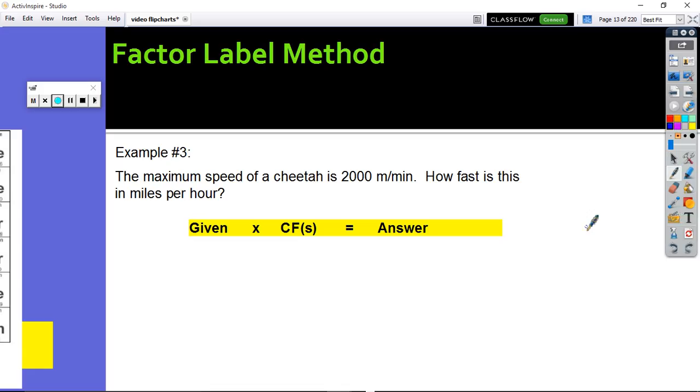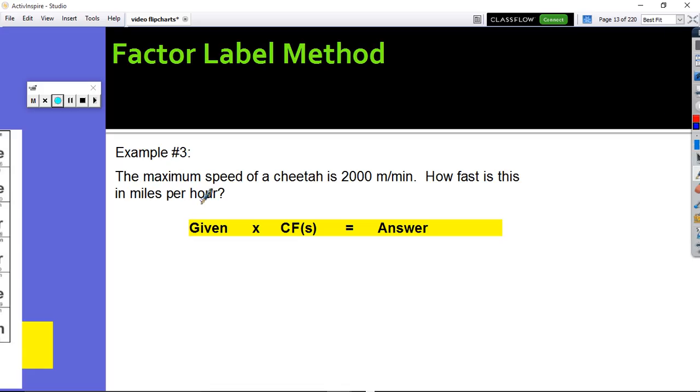Miles per hour, right here, could be written as miles per hour. So miles and meters are both on the top. We need to find a relationship between miles and meters, then another one between hours and minutes.